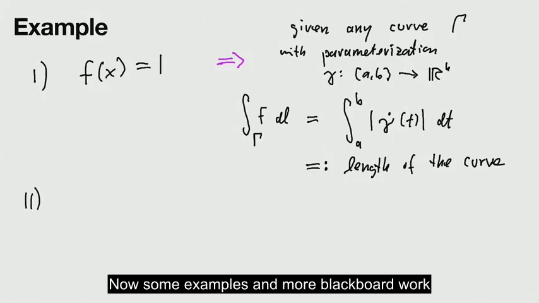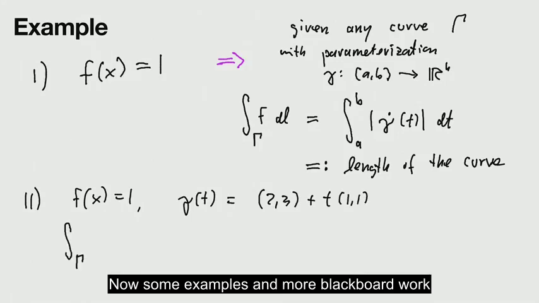One instance, for example: f(x) is still equal to 1, and let's say gamma(t) equals (2, 3) plus t times (1, 1).